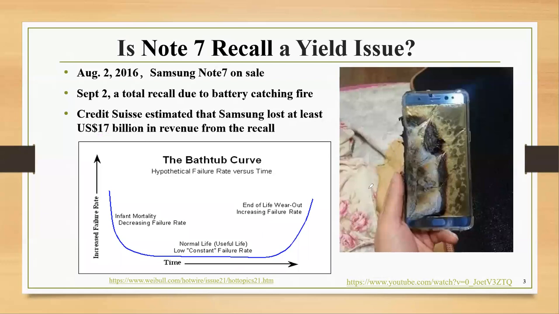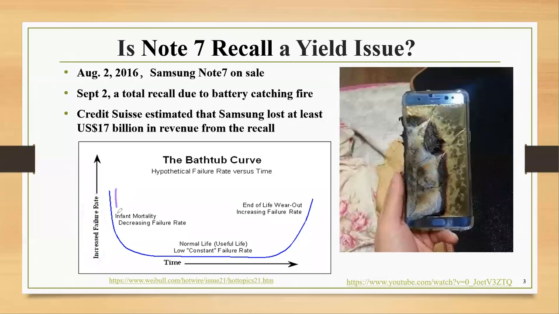If you treat this issue, my question is, is this a yield issue? Well, in reality, this is called a reliability issue. A reliability analysis usually has this bathtub curve, all right? It's the failure rate on the y-axis. This is your failure rate.